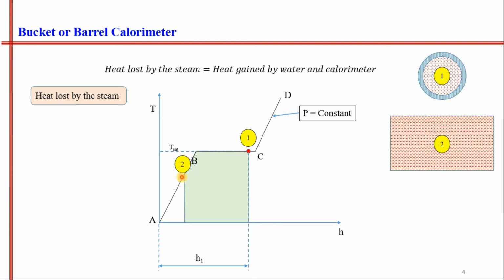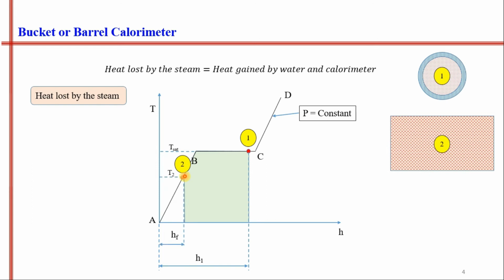So steam is losing its heat to water. It may be possible that the water already inside the vessel has a temperature way below the saturation temperature. So after exchanging heat, our system's temperature may fall at this point.